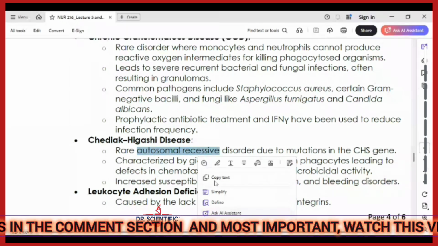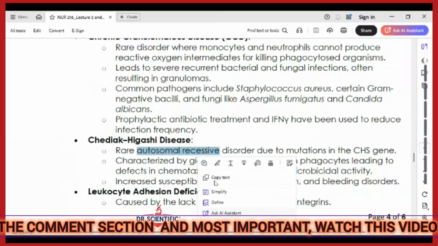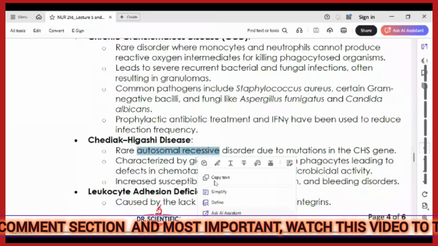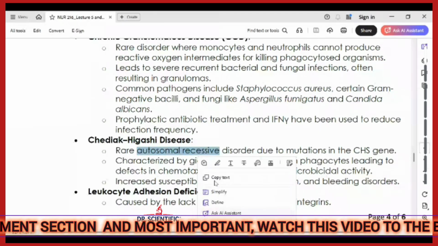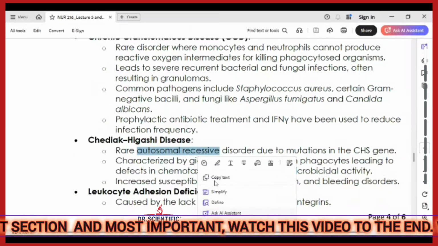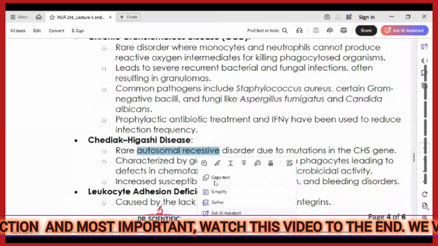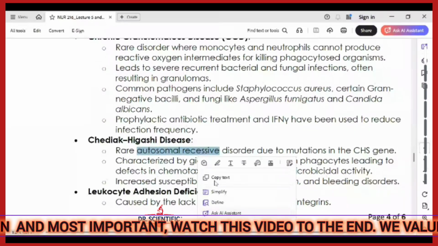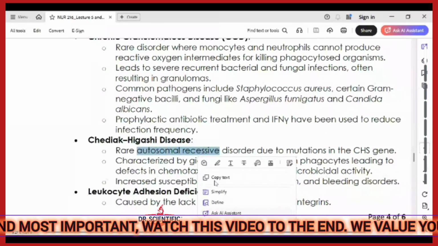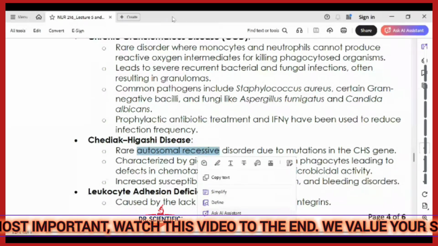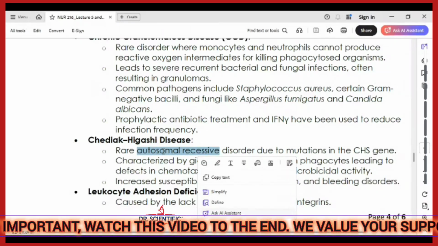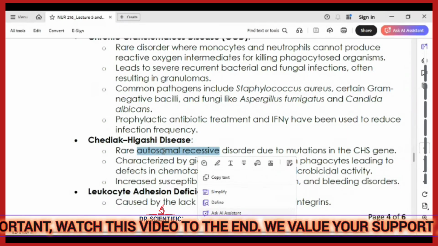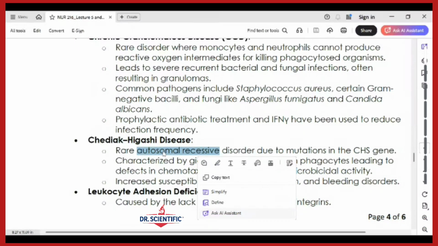Could somebody remind us what we mean by a recessive condition? Autosomal, we know, means it is carried on one of chromosomes 1 to 22. That is where the mutation is. So the CHS gene is carried on one of those chromosomes. Let me just confirm which chromosome carries the CHS gene.